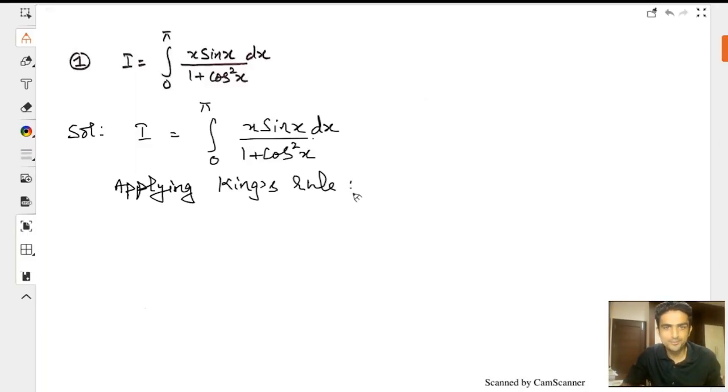Applying King's rule, we get I is equal to f of pi minus x. That is, replace x by pi minus x.